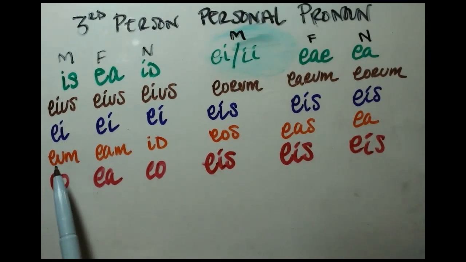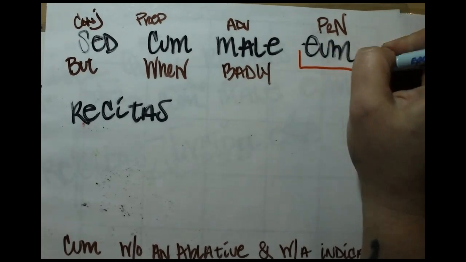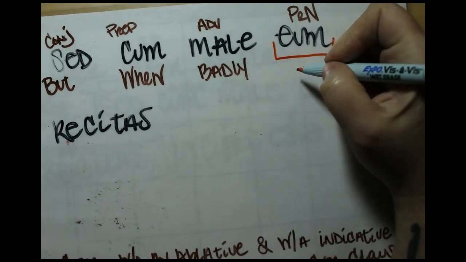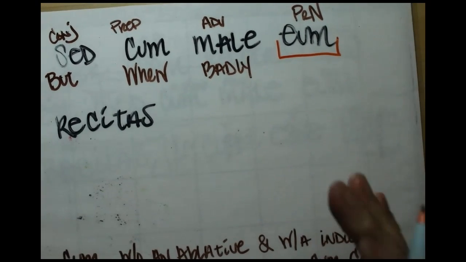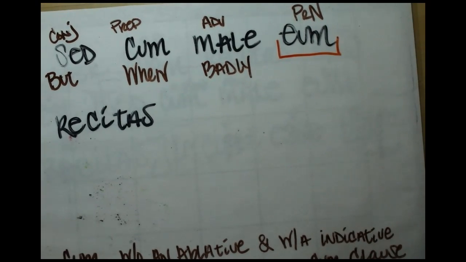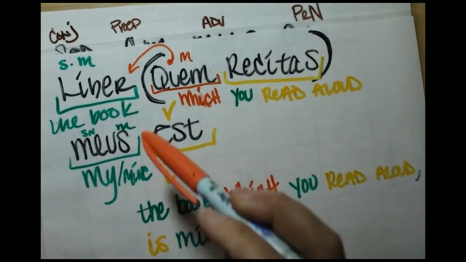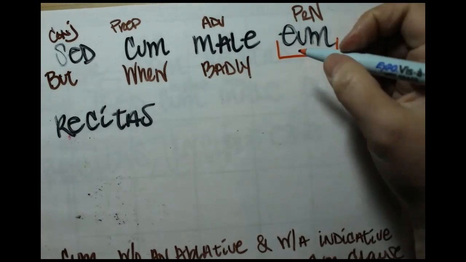It can only be a masculine singular accusative form. So what could it be referring to? What is the him? Well, in our previous clause, we were talking about the book. It's a masculine singular, and that is what we are referring to again.